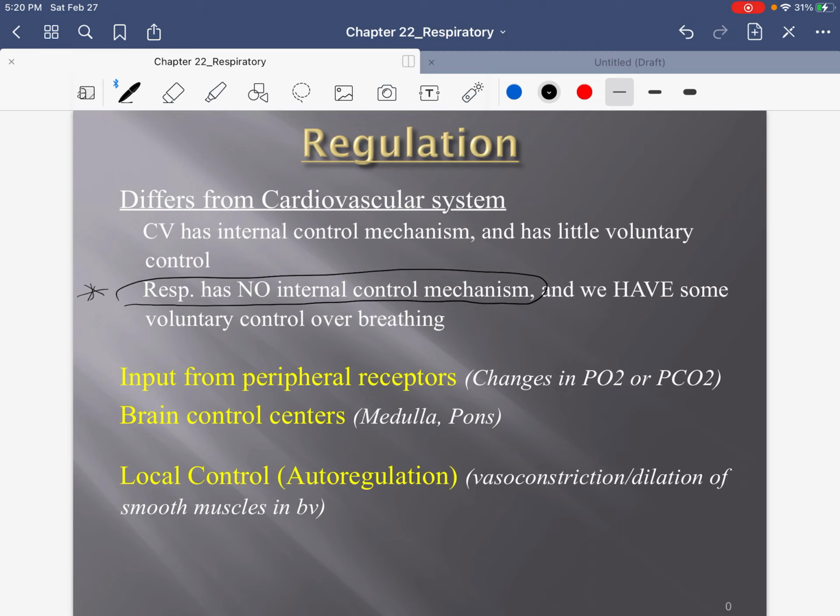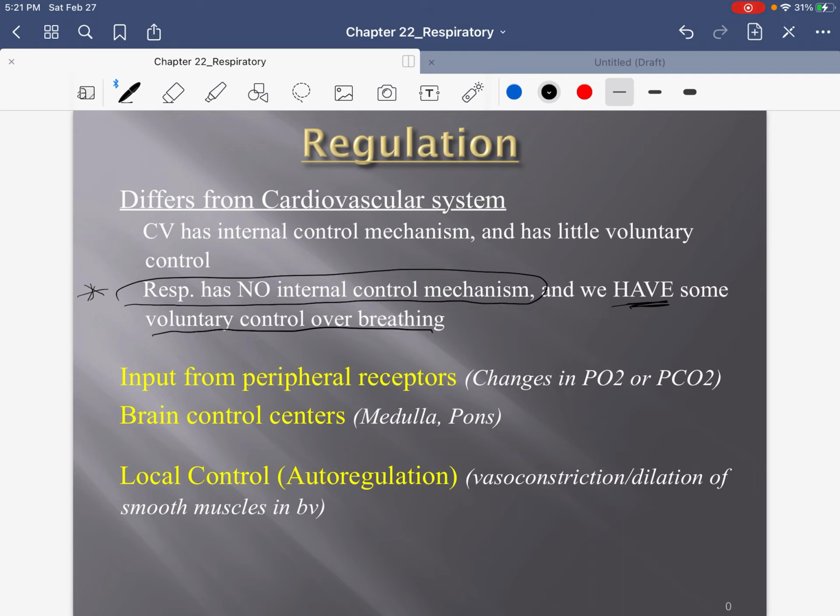We had the SA node that can help regulate nerve impulses right there. Well, the respiratory system doesn't have the same internal regulatory center. And also what's unique about the respiratory system is that we actually have some voluntary control over breathing.